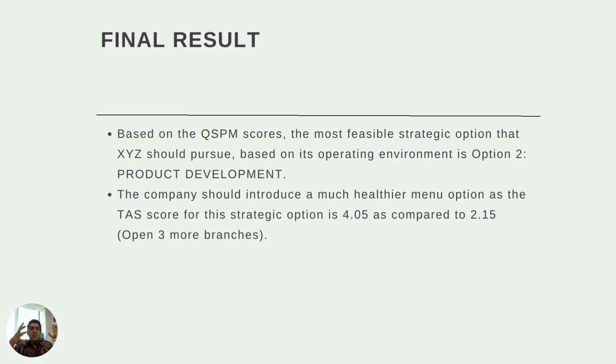You may have a much more complex QSPM analysis, but by performing this QSPM analysis, at least the organization incorporates the element of science and the artistic element into the decision making. We are not going to make a decision based on our intuition and our experience and our gut feeling alone, but we perform certain procedures in order for us to arrive at that final conclusion.